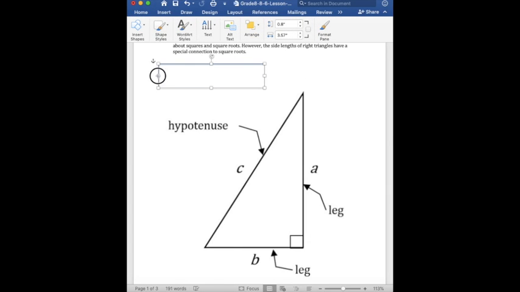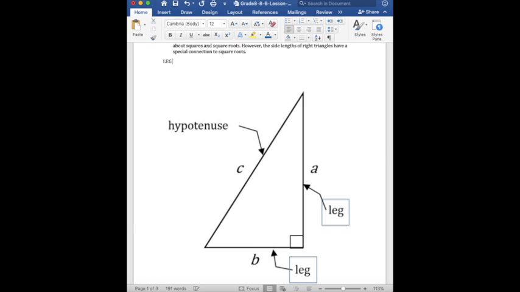So when you have the side lengths of a right triangle, two of them are called the legs. The legs are the sides that are attached to the right angle, and they are also the two shorter sides. So the leg is attached to the right angle. There's two of them, and they are the shorter sides.